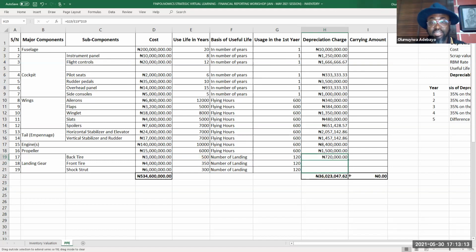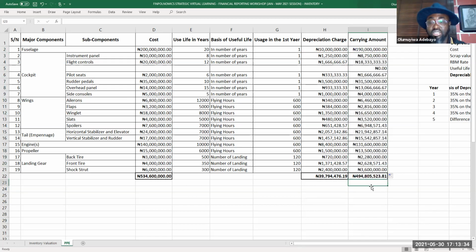And at the end of the day, the first year depreciation charge sums up to 39.7 million out of 534 million, which means our carrying amount will be the difference between the cost of each component and the depreciation charge. And at the end of the day, our carrying amount is 494.5 million naira. Now, this is the whole process of componentization of an asset.